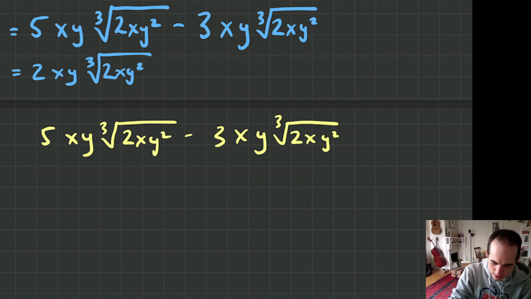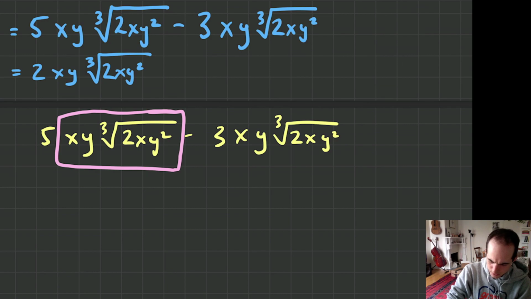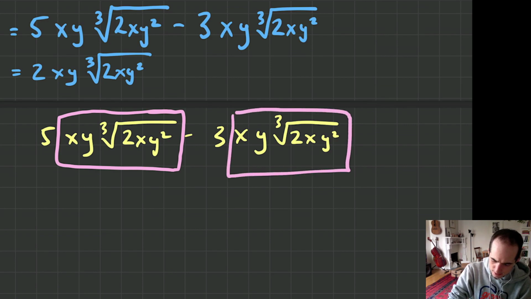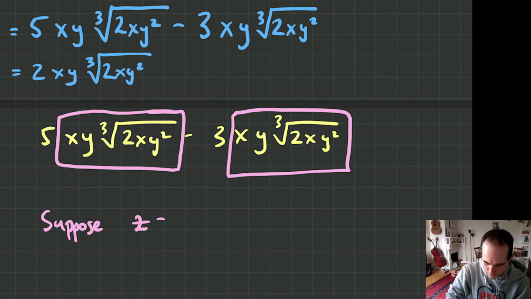Okay, so let's think of this whole thing as its own variable. Let's suppose z, this new variable that I have. Let's say that z is equal to xy cubed.